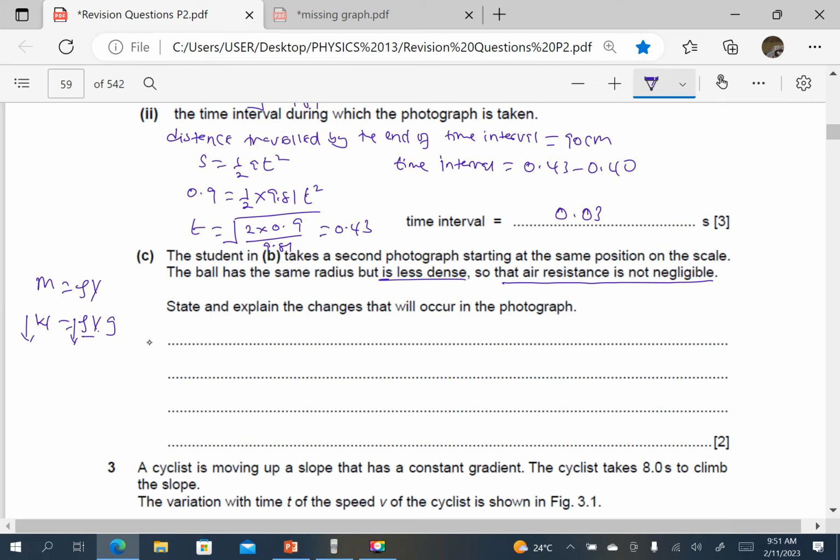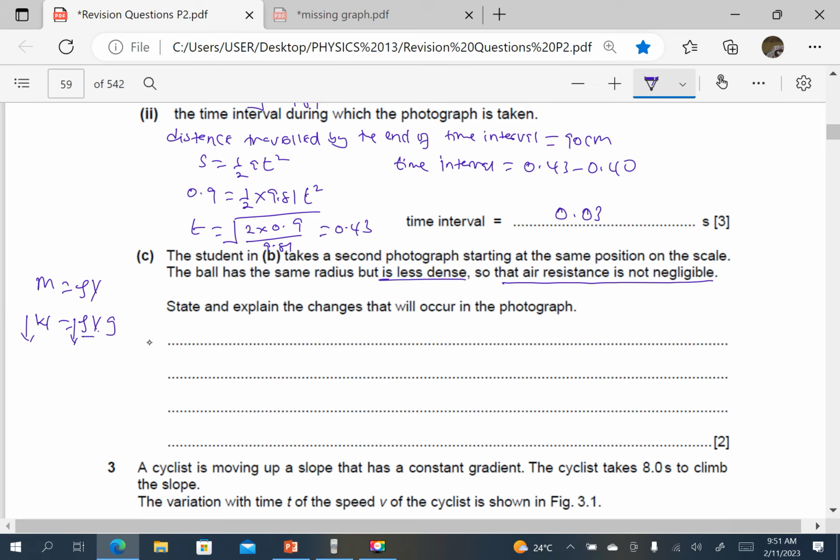By the time the photograph is taken, the ball has not traveled a longer distance. The length of the image is going to be shorter because air resistance slows down the ball, since the air resistance reduces the speed of the ball.